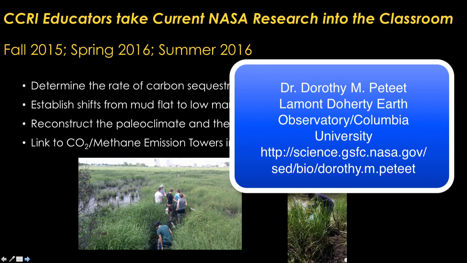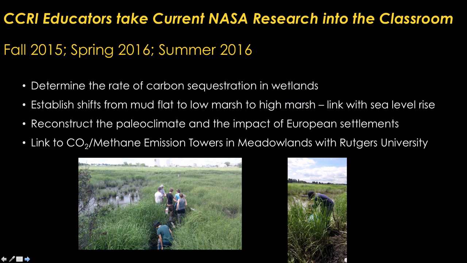In our research, we had 4 goals. We had to determine the rate of carbon sequestration in the wetlands that we were studying. We wanted to establish shifts from the mudflat to low marsh to high marsh. We wanted to time that so we could find a link to sea level rise.